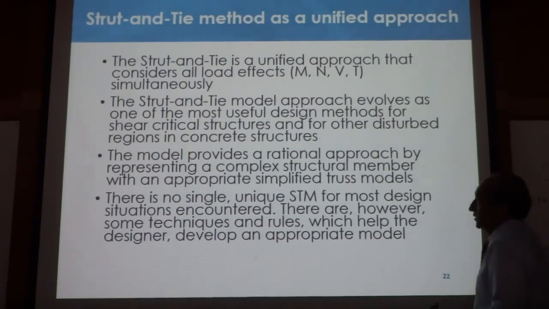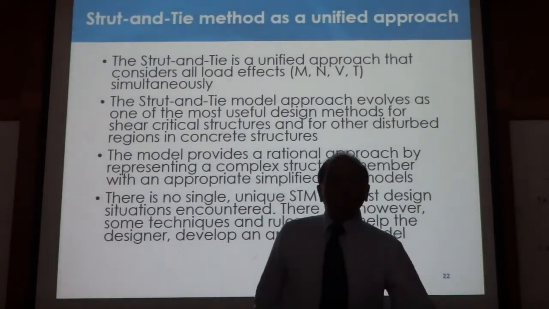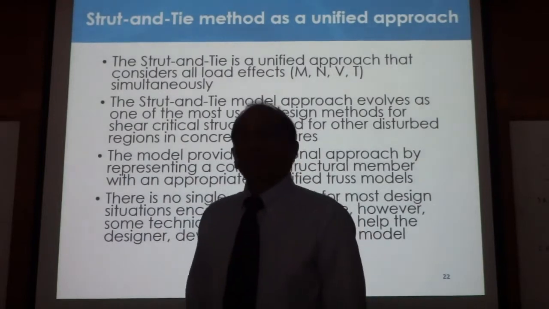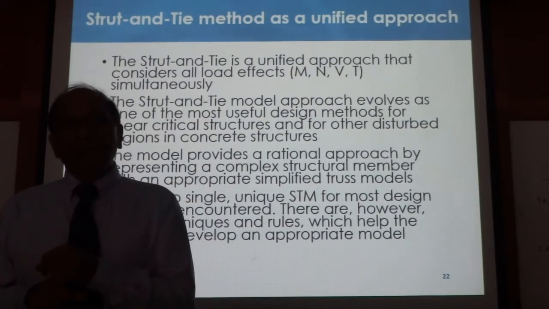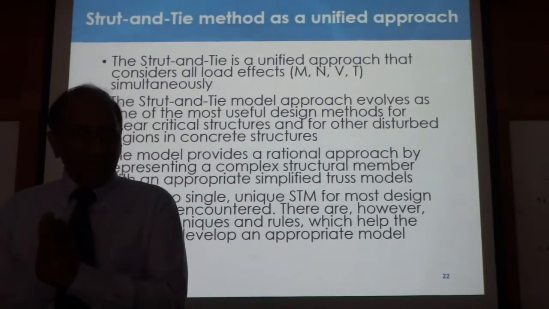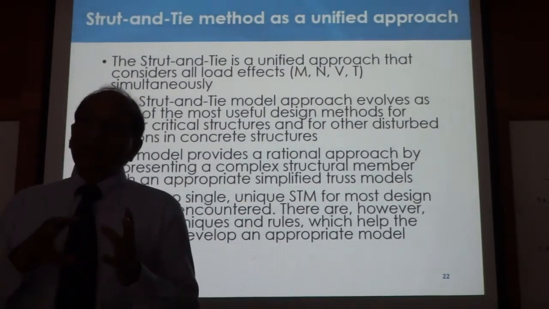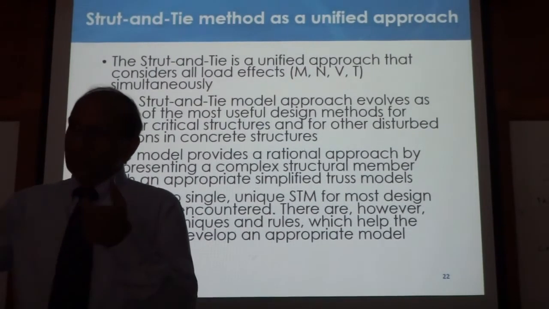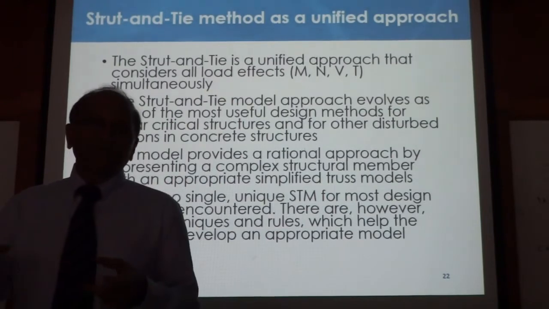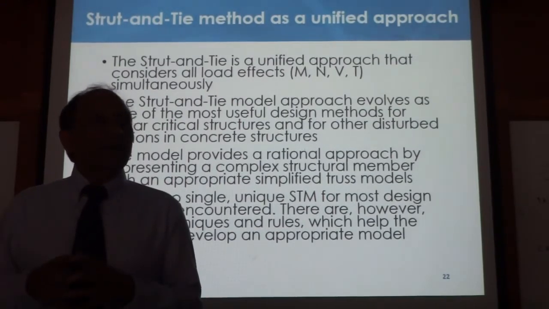So this truss and strut and tie method is actually a unified approach. Last time we talked about unifying concrete columns and beams, and now we unify everything, all 6 actions: bending, shear, torsion, into one approach.